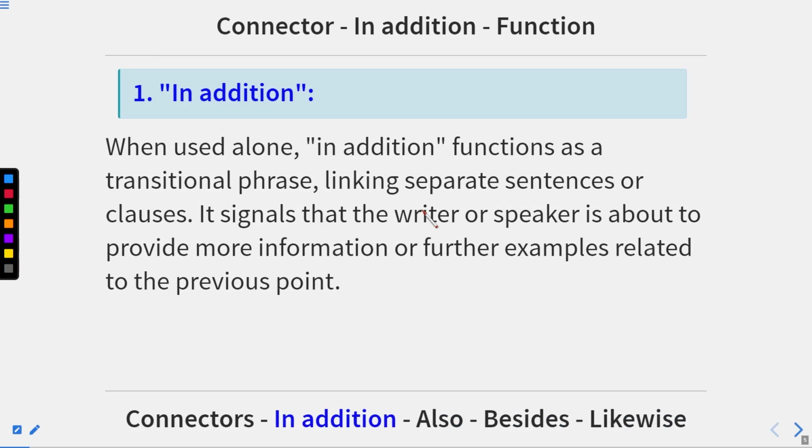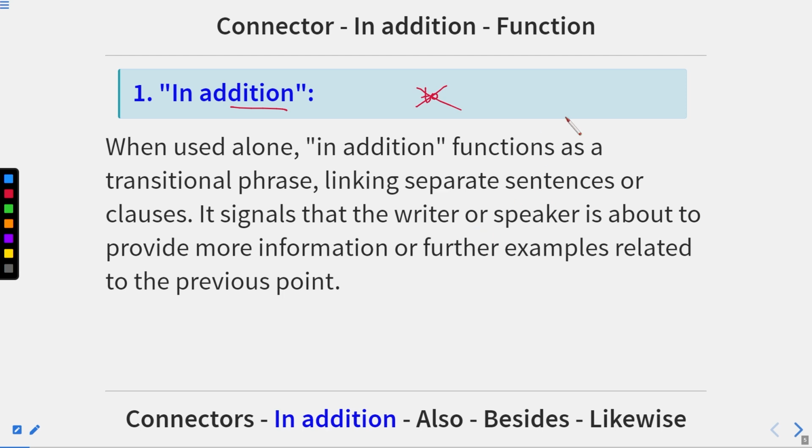Now, if we have the phrase in addition, you can see that we do not have the preposition to over here. It means we have two different phrases. One is in addition to and another is in addition. So here we are going to discuss the function of in addition. The meaning of both the phrases is the same, but they differ only in their structure.